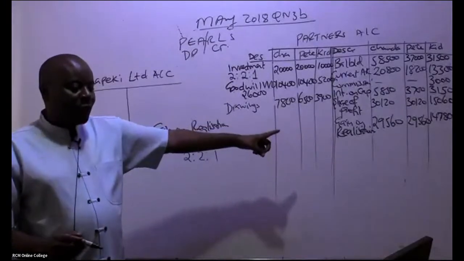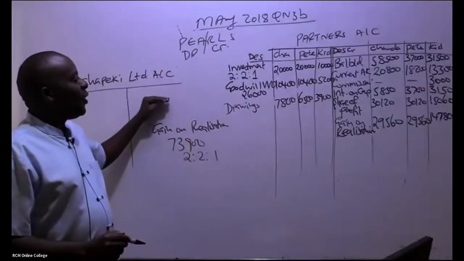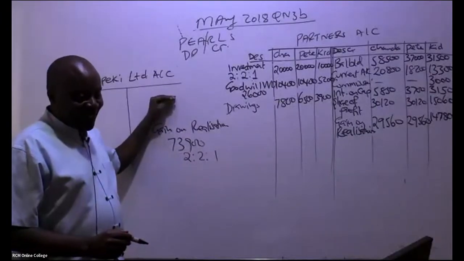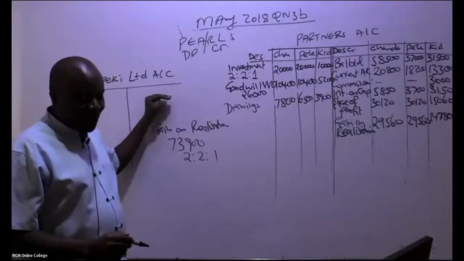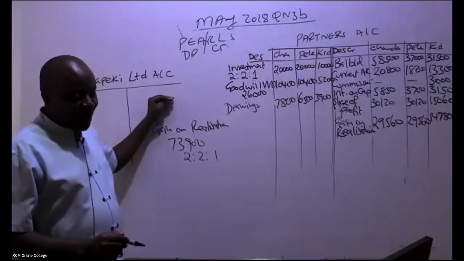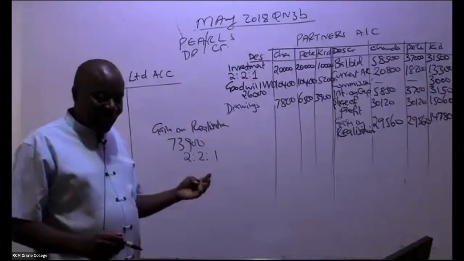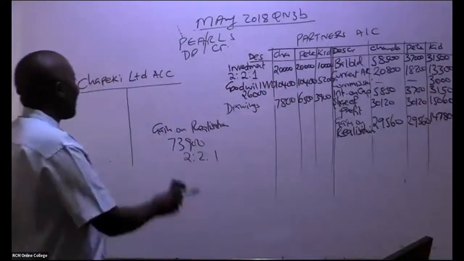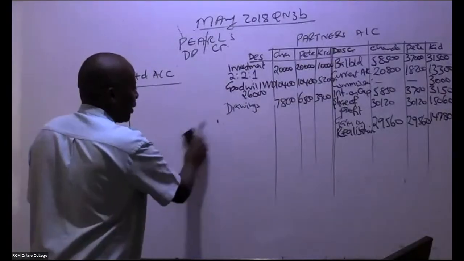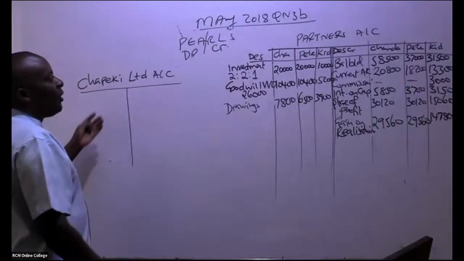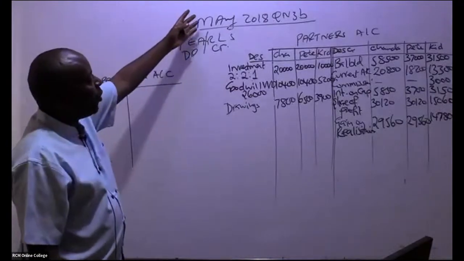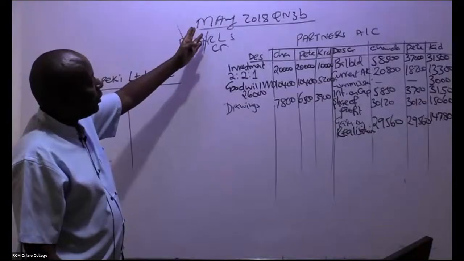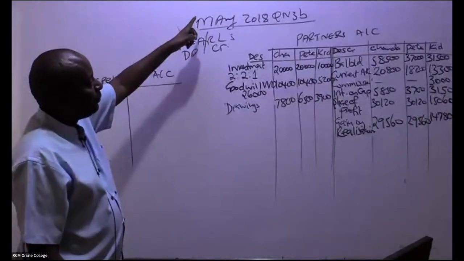All right. So can we come to this account now very comfortably? So this Chapeki Limited is quite a nice account. It should be able to balance by itself. Remember on the realization, you had the purchase consideration on the debit side.